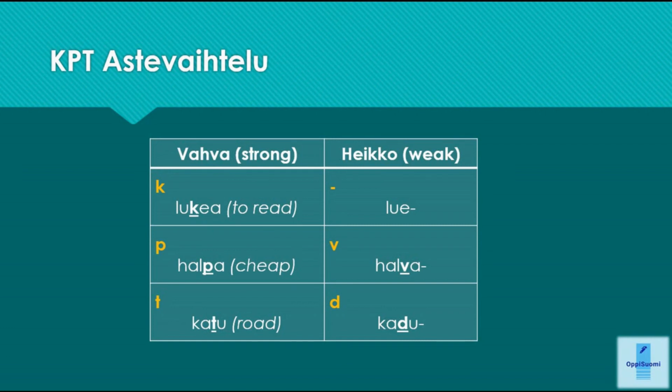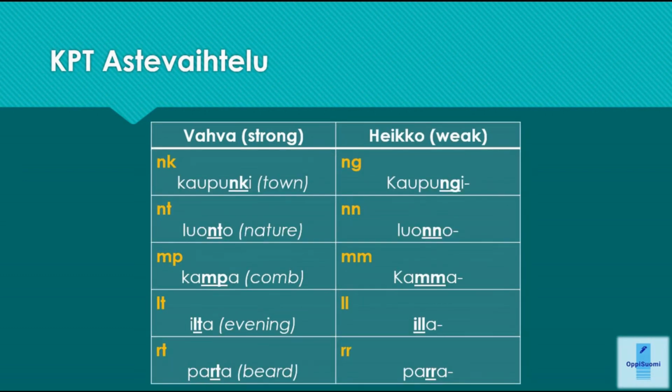P plays with v when it goes to weak state. And next one is t, t replaced with d. Katu changes to kadu. So if k together with n, it changes into ng. In the example, you can see kaupunki changes into kaupungin. So if t together with n, it will change into nn.